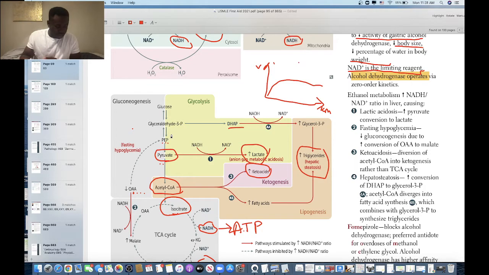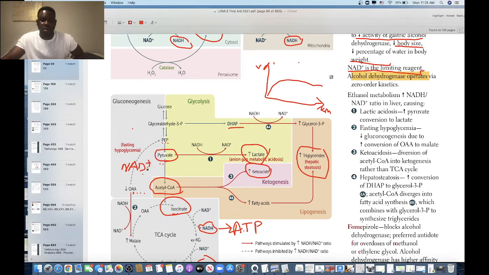It doesn't seem to be in the book, but you have to know that over here we need NADH, and over here we need NAD plus.